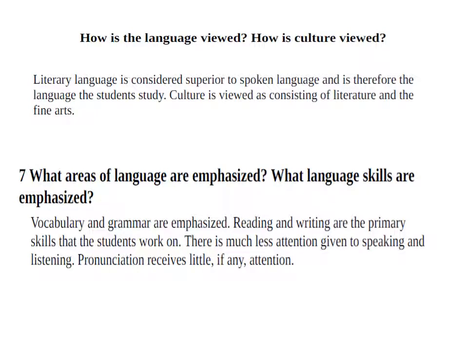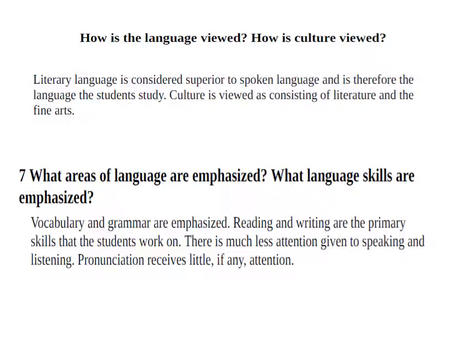How is the language viewed and how is culture viewed? First, what is the way in which language is viewed according to the grammar translation method? From what we have mentioned previously, we understand the emphasis upon the language of literary works. That's why literary language is considered superior to spoken language and is therefore the language of the students' study.